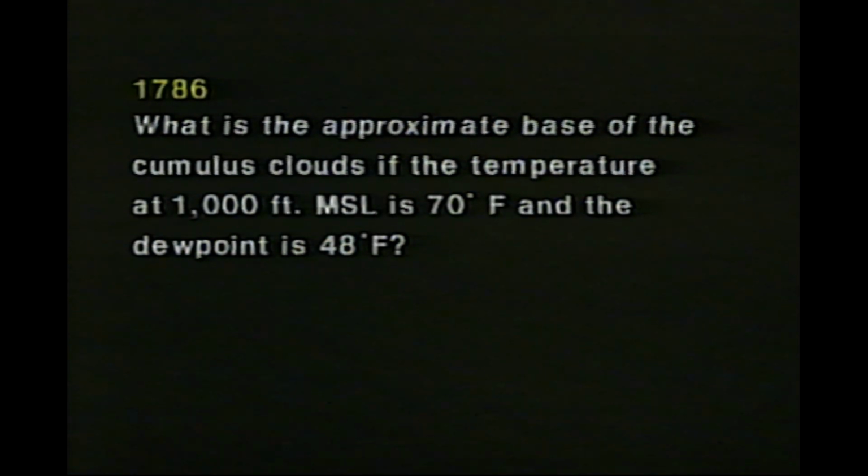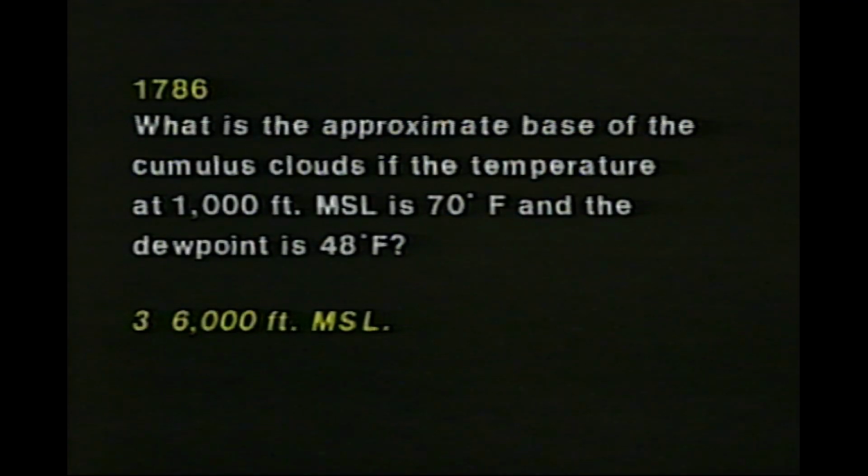Question 786. What is the approximate base of the cumulus clouds if the temperature at 1,000 feet MSL is 70 degrees Fahrenheit and the dew point is 48? Well, remember from our curriculum, we take the difference between the temperature and the dew point, and then we divide that by 4.4, and that will give us the height of cumulus clouds in hundreds of feet.